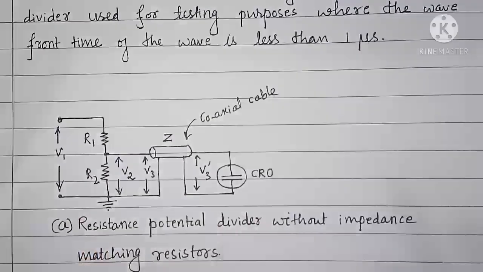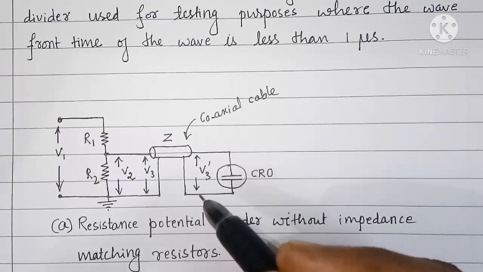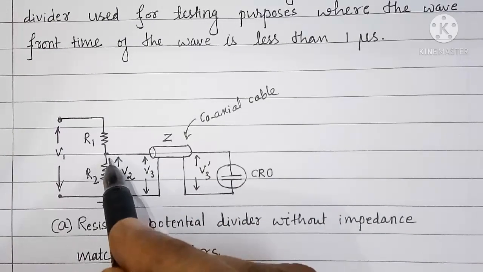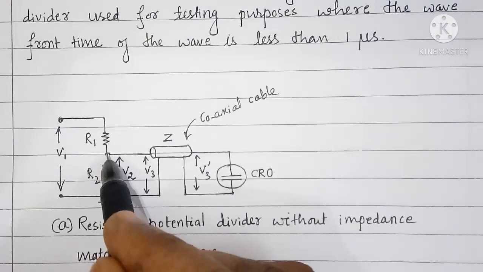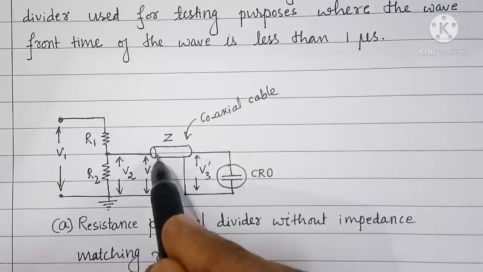So in order to avoid this problem, impedance matching should be done. For that, resistor R3 is used between the common point of connection of R1 and R2, that is this point here, and the coaxial cable.